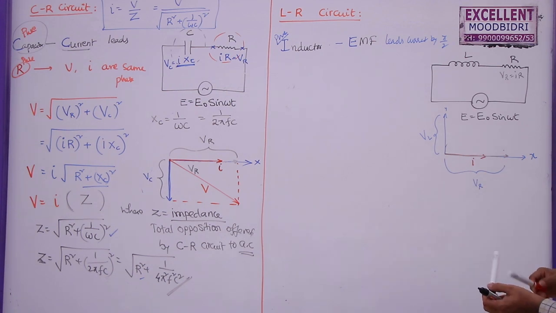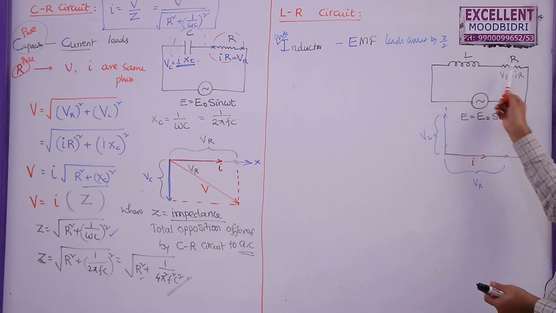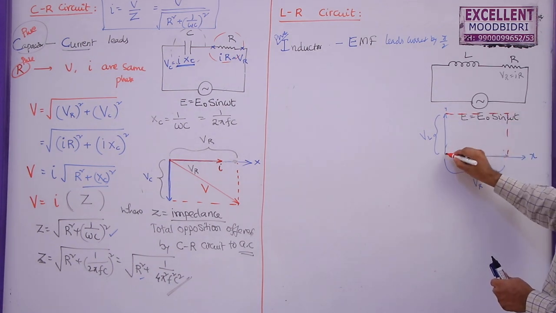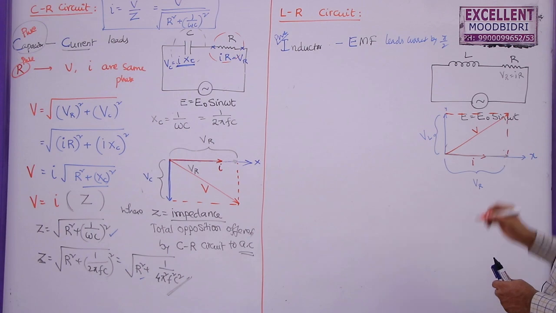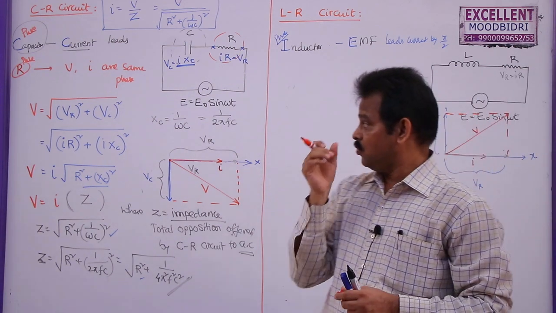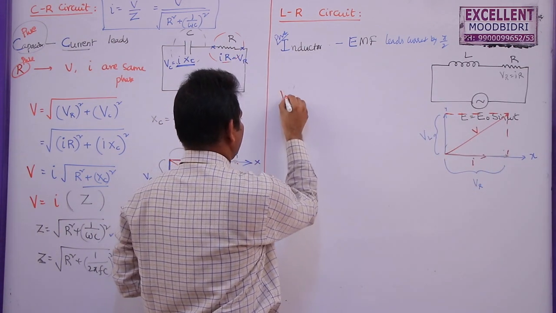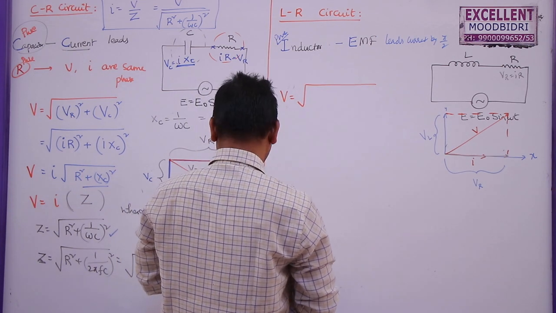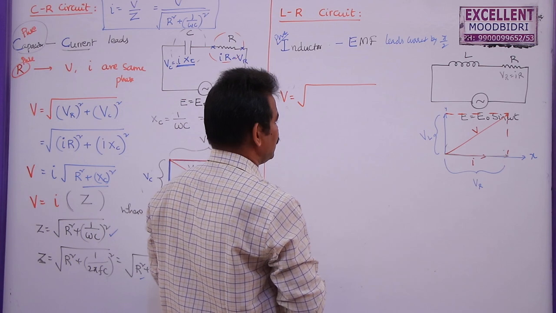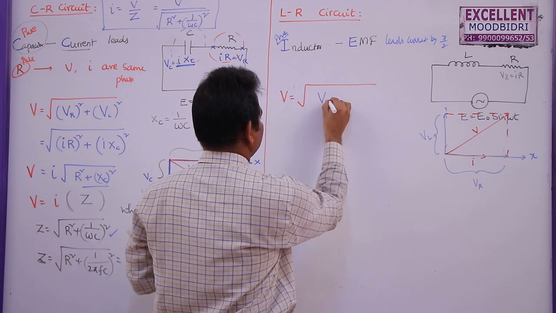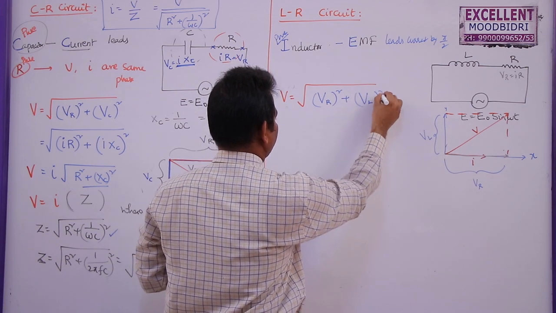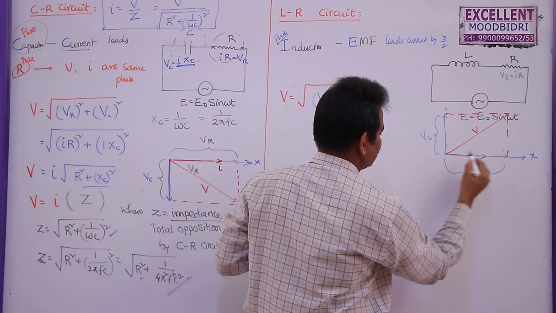The resultant voltage or net voltage across this LR circuit is given by, now construct this parallelogram. This is the net voltage. Once again I am going to write V is equal to root over VR square plus VL square, that is, voltage across the resistance whole square plus voltage across the inductor whole square, because this is along the x-axis and this is along the y-axis.